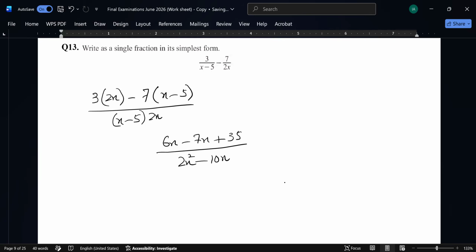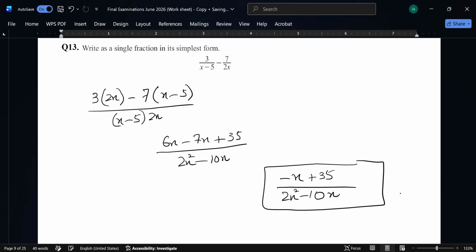So in the numerator, it's going to be minus x plus 35. And this is going to be over 2x squared. This will be a more simplified answer. This is called a single fraction.